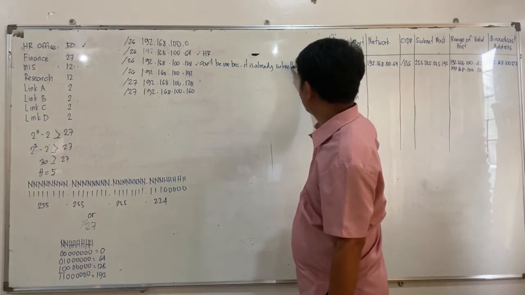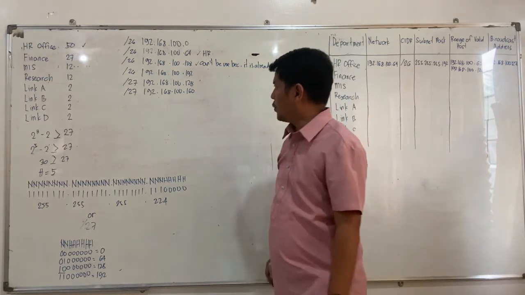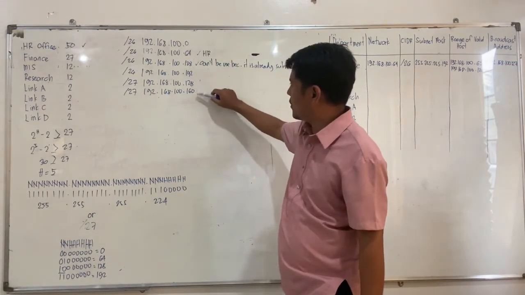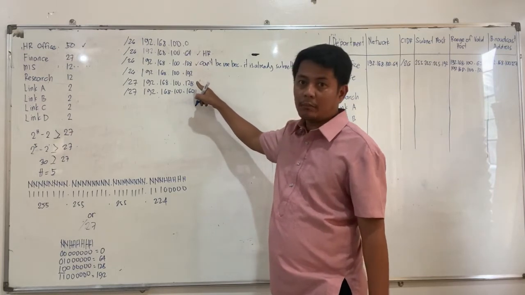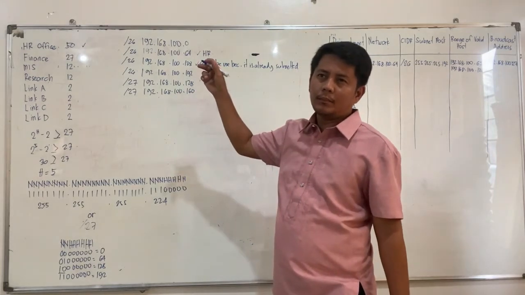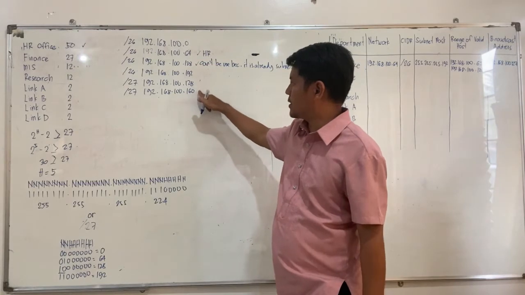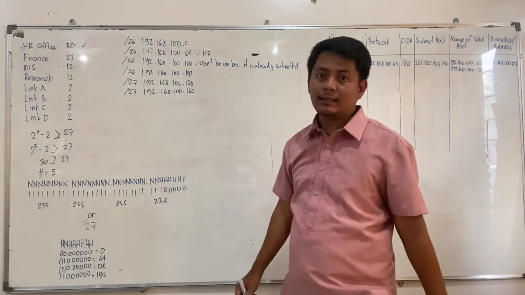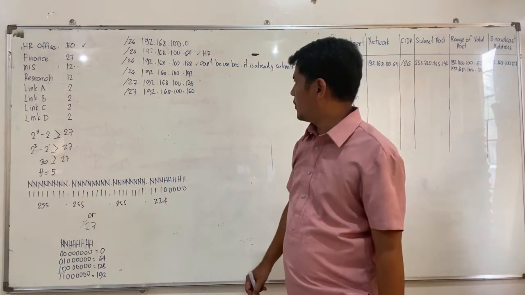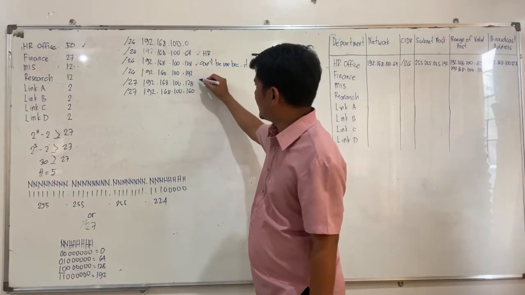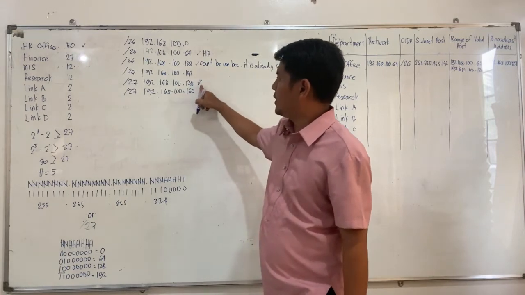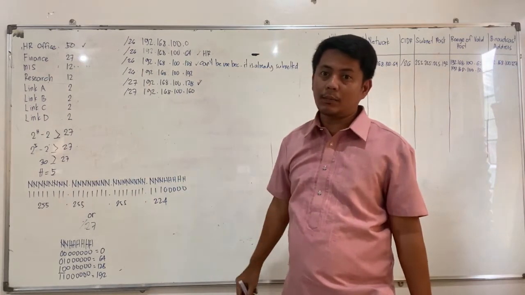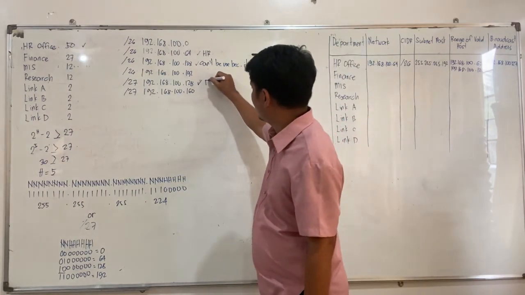Okay, so we can use only these. But since our requirement is to only have 5 hosts, we only choose from these two. Okay, .128 and that .160. So for this example, we choose that .128 slash 27 for our finance office. Okay, finance.